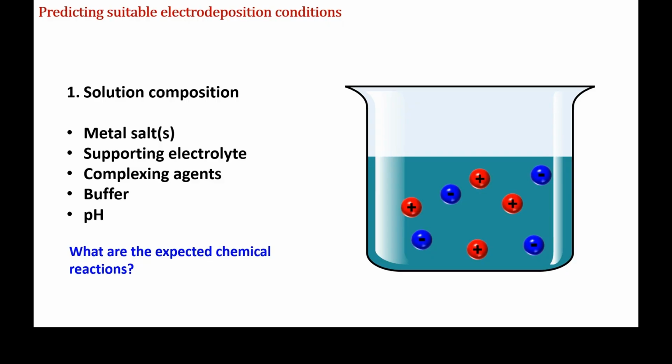You're starting with water, and if you want to plate silver, for example, you need to put in silver in the form of a salt, like silver chloride or something like that. You need to introduce it into the solution so that it's there in the form of ions, and you can then reduce it to form a coating on the cathode. So you need to introduce the metal salt. You also need a supporting electrolyte, which Jason Riley talked about in the first lecture he gave for this course.